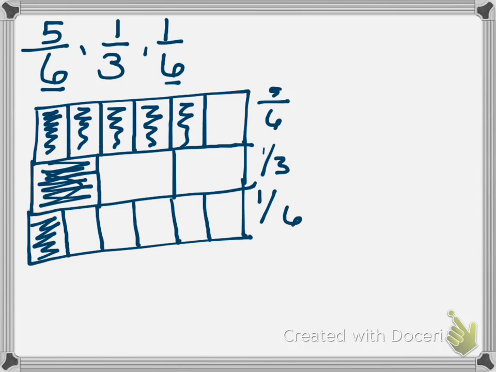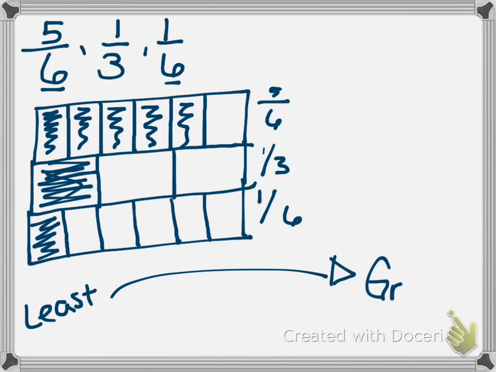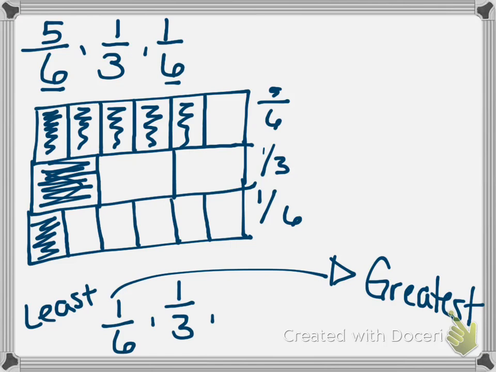From least to greatest. The smallest is 1/6. The next is 1/3. And the greatest is 5/6. So again, here's one way to do it.